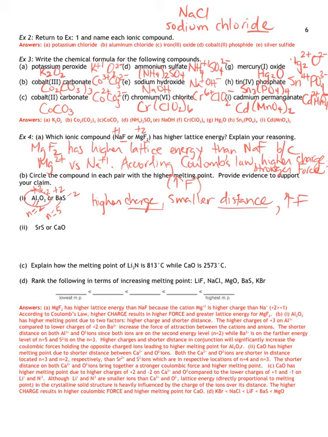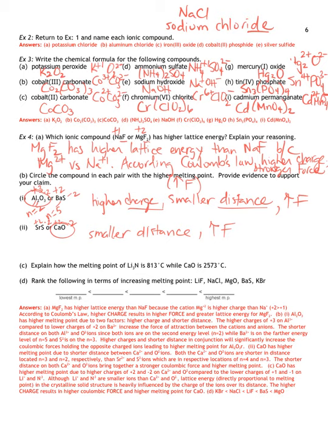So if you work out the charges, it's +2 and -2, -2. So the charges are no different. It's the size. And calcium oxide has smaller distance ions. So they're smaller ions basically, and that will increase the force as a result, according to Coulomb's law.